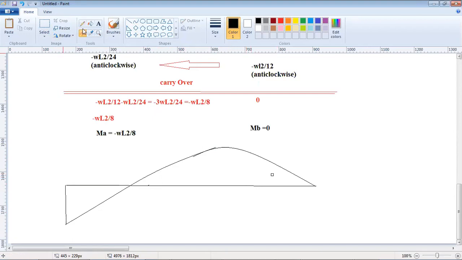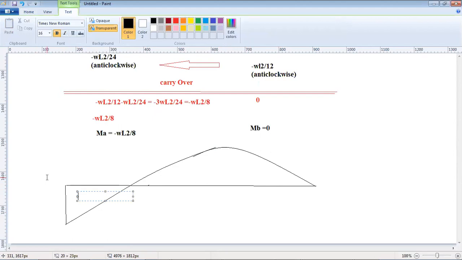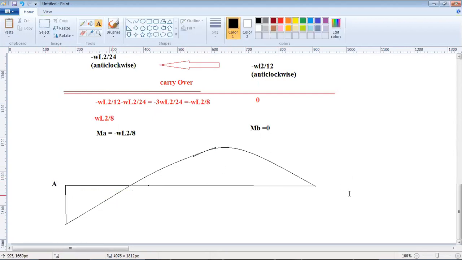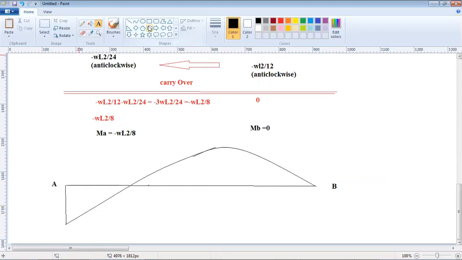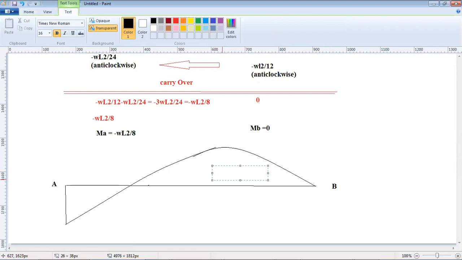So this is the type of bending moment diagram that you get here. This is end A, this is end B. Here it is a positive value for sagging. Here it will be a negative value for hogging.